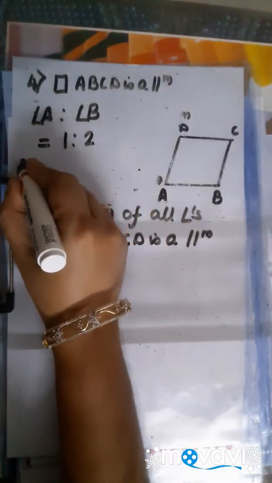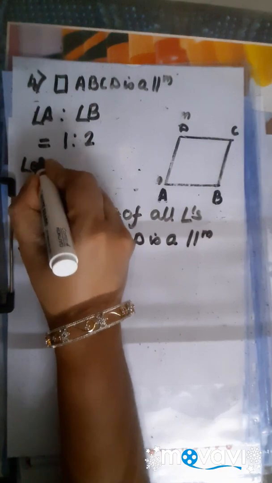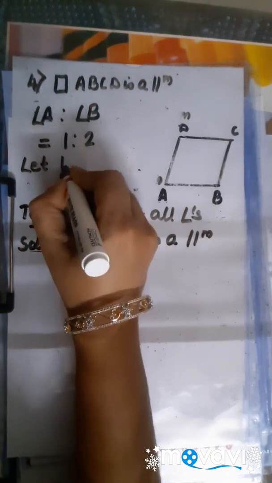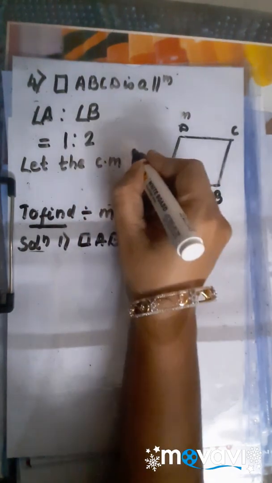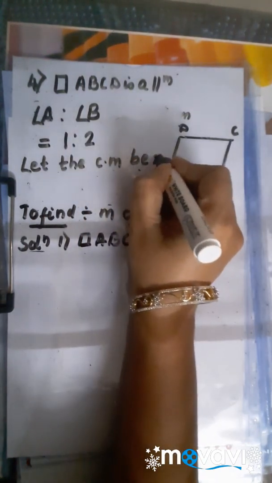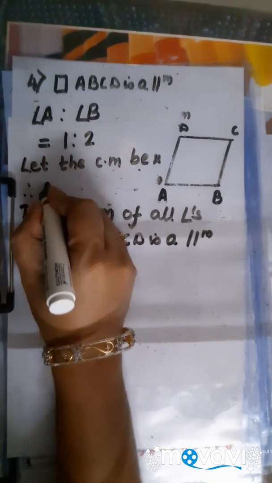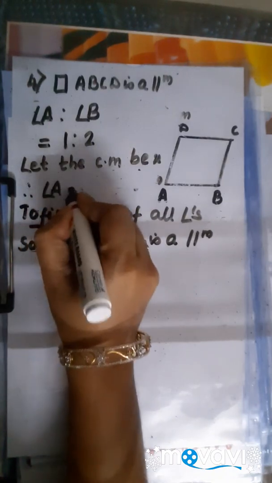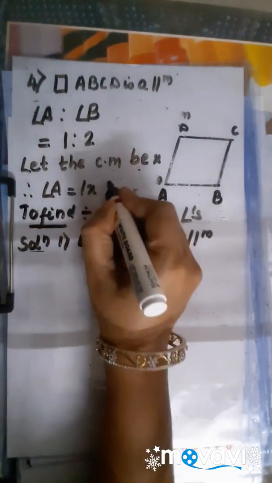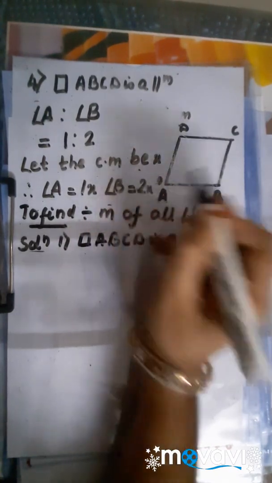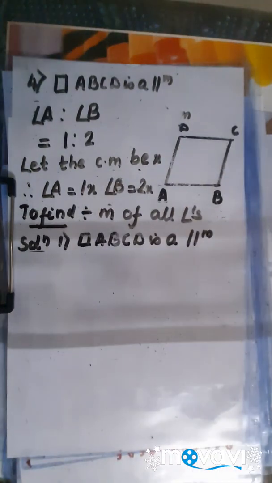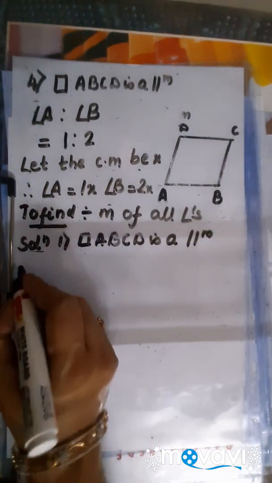Now here I must say, how we say in algebra, let the common multiple be x, correct? So therefore A is equal to 1x and B is equal to 2x. So A and B is 1x and 2x, right?